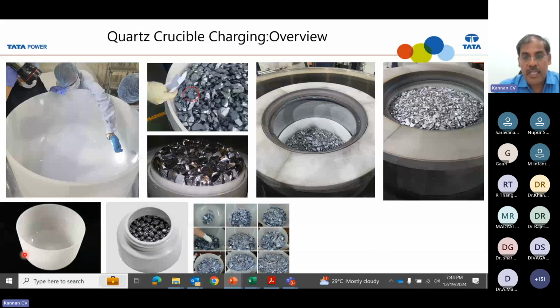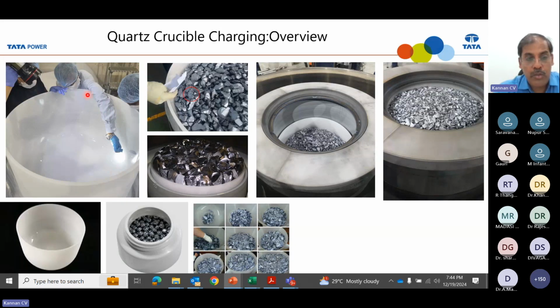So this is once again the same way, how you have to load. It's a summarized way. Before you load any polysilicon material, the crucible has to be exposed to a 1450-degree temperature.